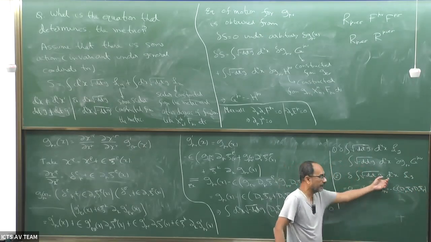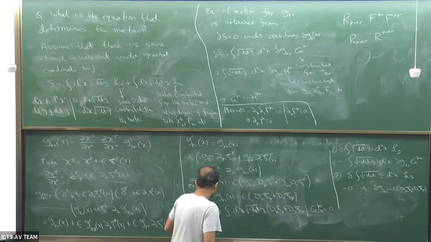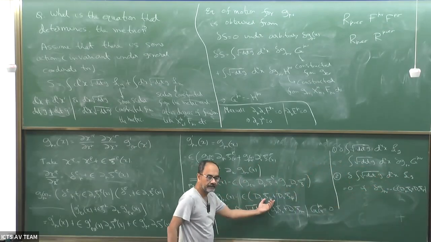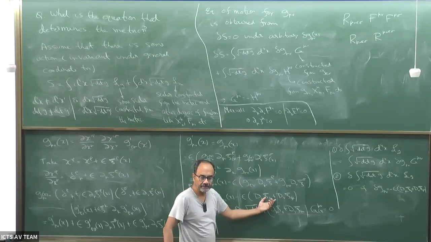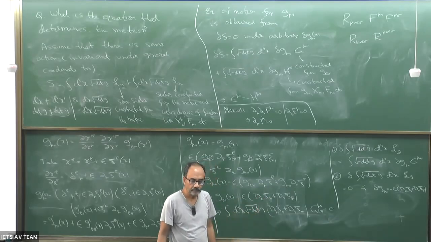Because this is general coordinate invariant by definition, right? And this is just a particular version of general coordinate invariance. Infinitesimal general coordinate invariance changes g to this by this. So if we substitute for delta g this expression, you should get identically 0. Is that clear?